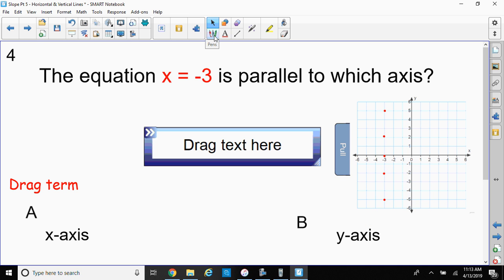Get my line tool. Okay, that's much better. So this is parallel to the y-axis. There's the y-axis there, and it's parallel to the y-axis. So this time I'm going to pick choice B. And I'm right again. Okay, 2 for 2.